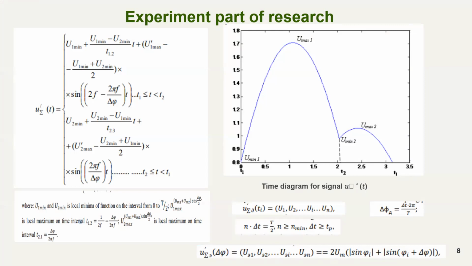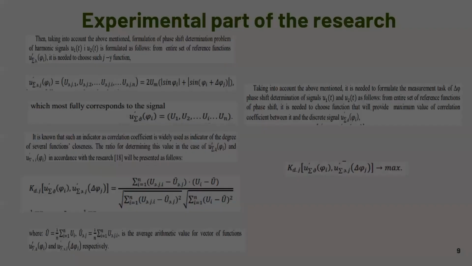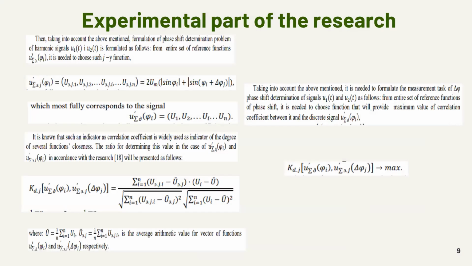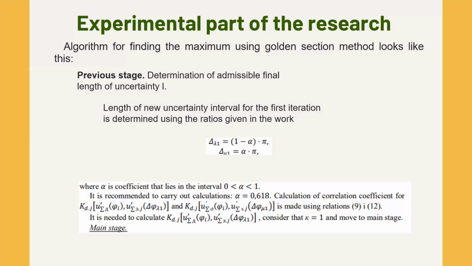The operation of transforming a sinusoidal signal into a semi-periodic one may be done with the help of a diode bridge or a diode-resistive converter. So it is needed to consider the measurement procedure for measuring the harmonic signals' phase shift. The time diagram for signals which have a certain phase shift relative to each other is shown on the previous slide.